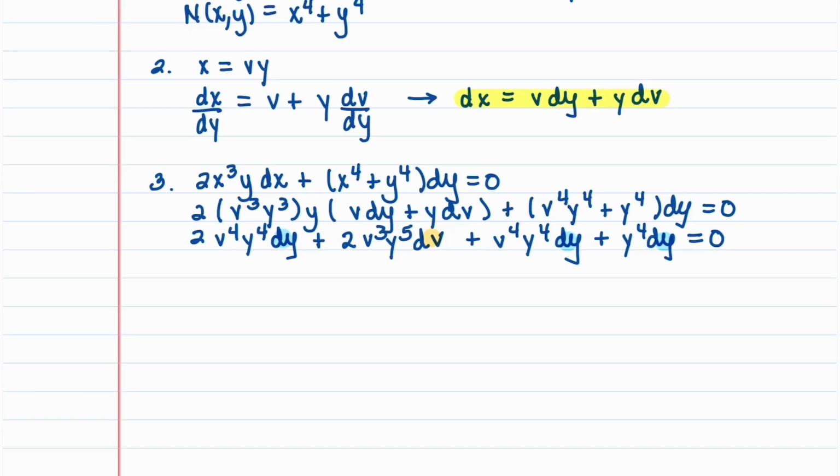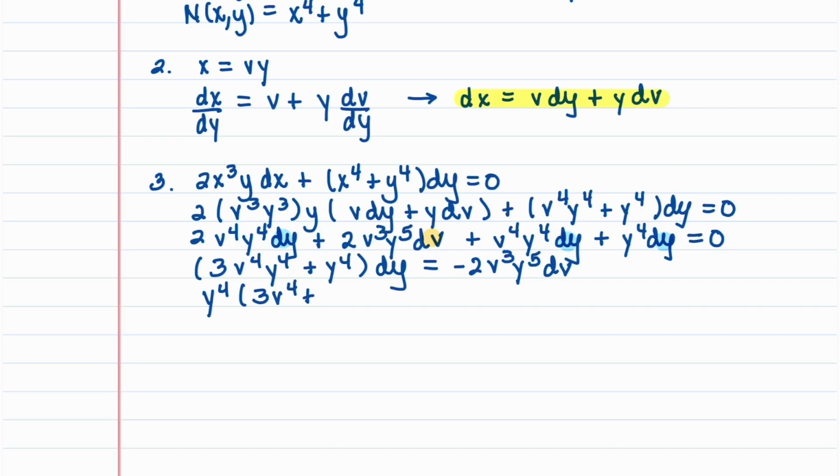Let's keep the dy terms on the left. This gives us 3v to the fourth y to the fourth plus y to the fourth, times dy, and then we'll bring the dv to the right, and that gives us minus 2v cubed y to the fifth dv. Let's do one last thing, and let's factor out the y to the fourth. So we have 3v to the fourth plus 1 dy, and then our right-hand side stays the same.